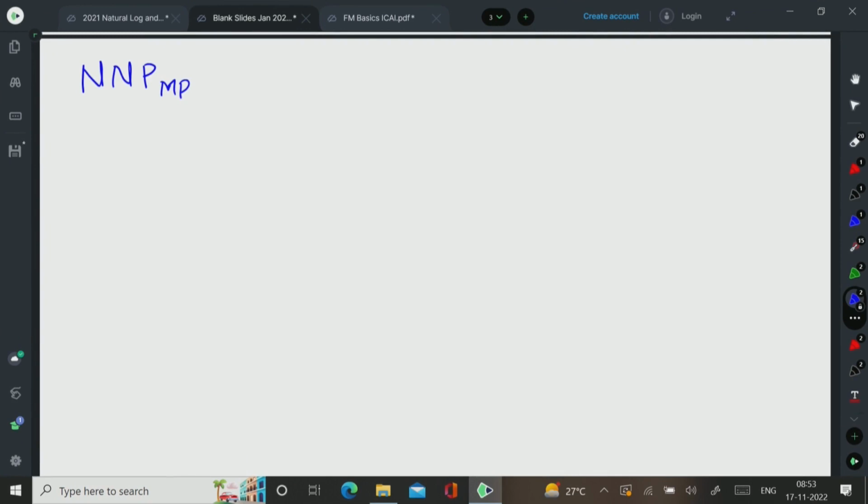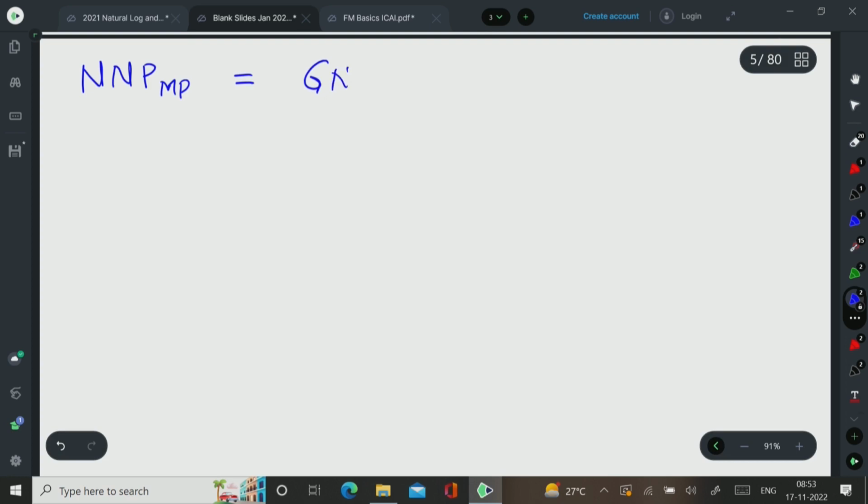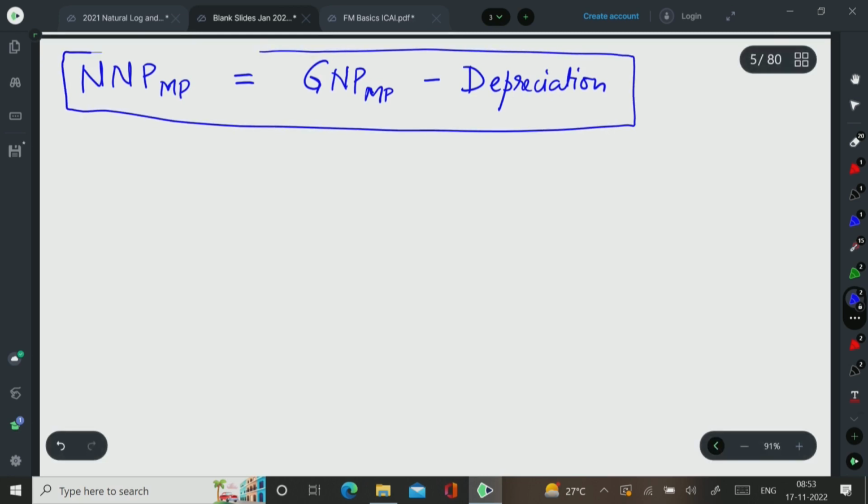You can write along with me, but please understand and write, don't copy everything from the screen. NNP at market price, this I want to find. Now how can I do that? First thing is, I take GNP at market price, and from this I subtract depreciation. I take GNP at market price and subtract depreciation to arrive at NNP at market price.